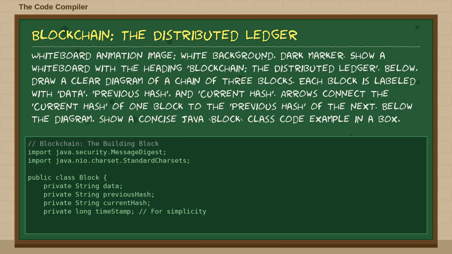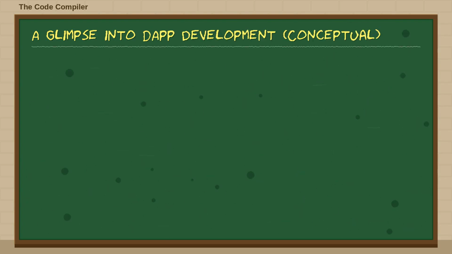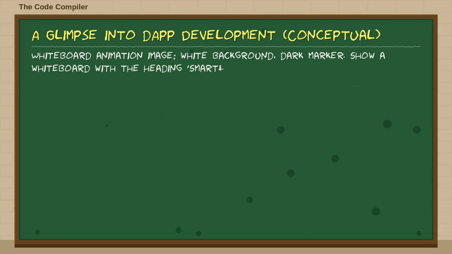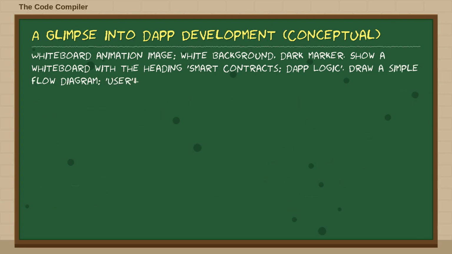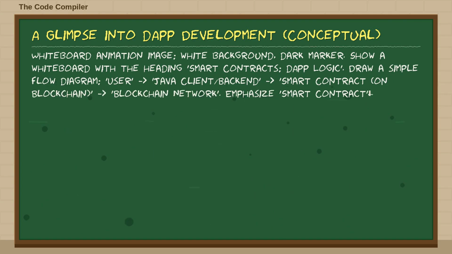Landscape 16:9. Whiteboard animation image, white background, dark marker. Show a whiteboard with the heading Smart Contracts, dApp logic. Draw a simple flow diagram: user, Java client backend, smart contract on blockchain, blockchain network.